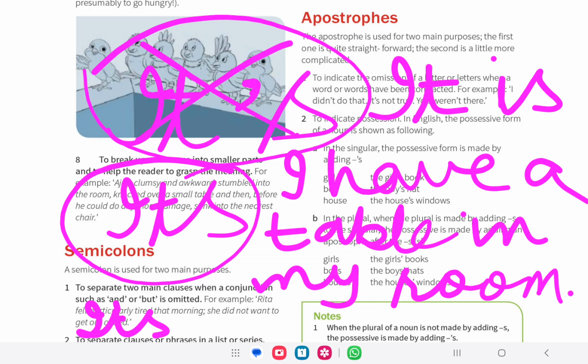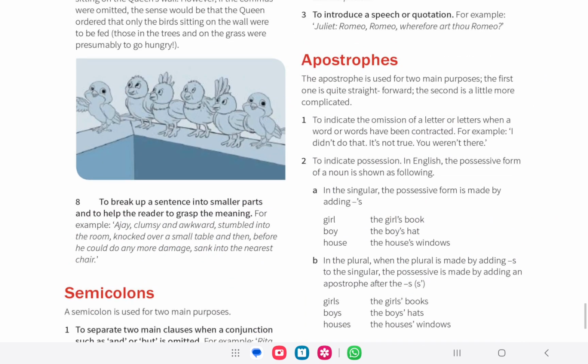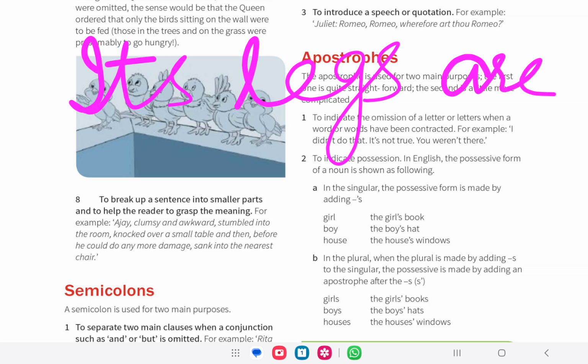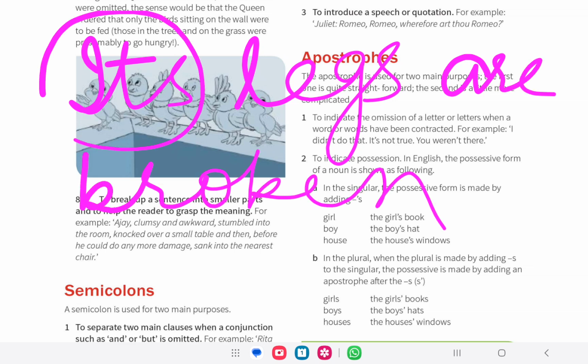Here we are going to use its without apostrophe. Its legs are broken. Let me write it. Its legs are broken. So this its is a pronoun that is being used here. When we are using it, we are not going to put any apostrophe.